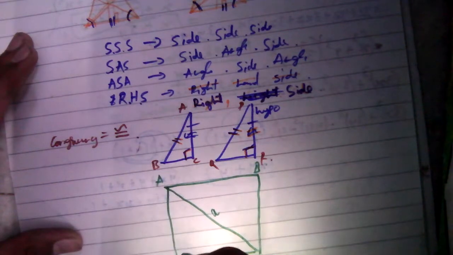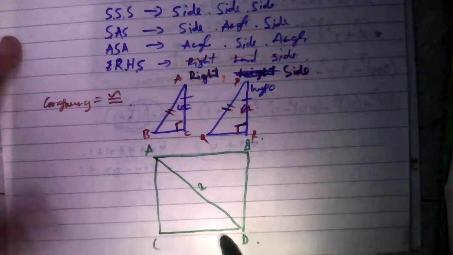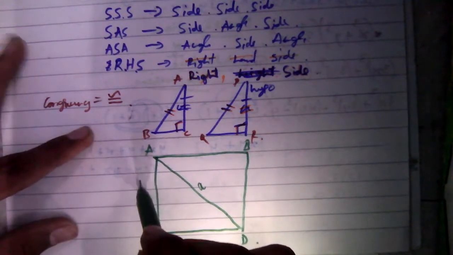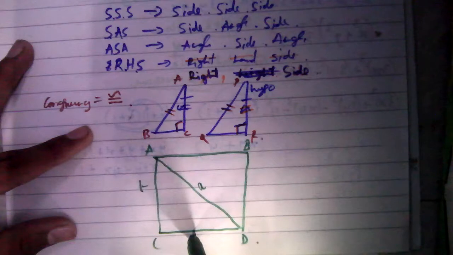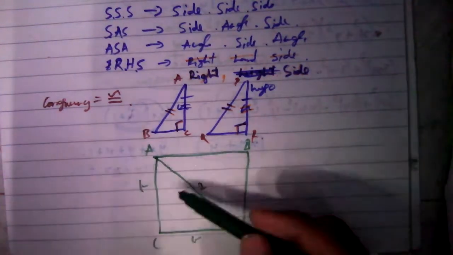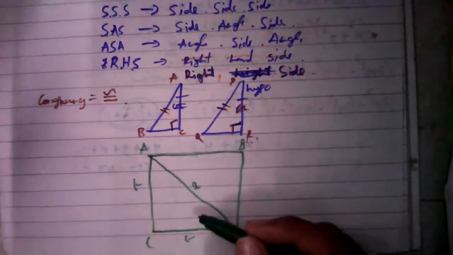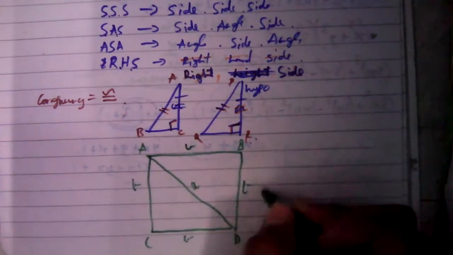How can we do it? Now AC equals CD, right? Because it's a square. Let's name it b, and this one also b. So these two are equal, and even AB is b and BD is b.